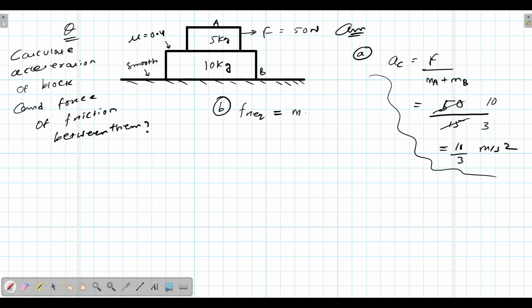Third case, if F required is less than equals to F max, then no slipping. So find the F max value.